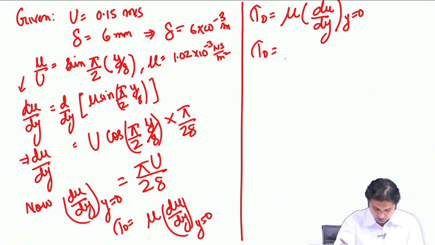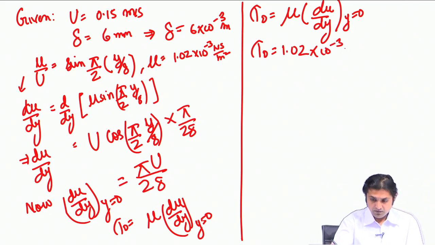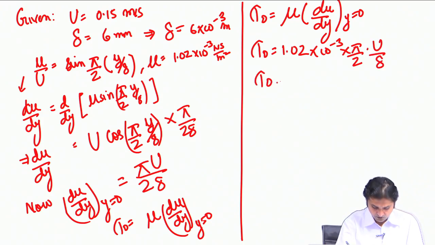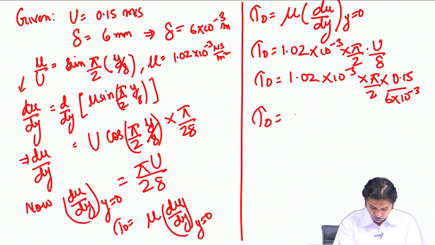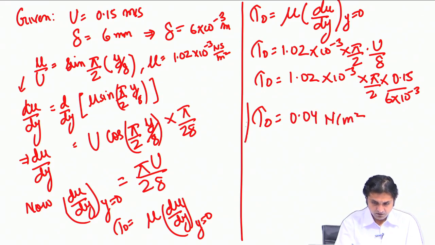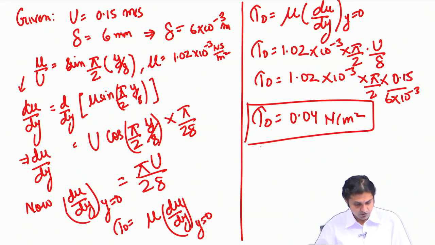So tau naught is going to be 1.02 into 10 to the power minus 3 into pi by 2 into U by delta, and after substituting in the values, 1.02 into 10 to the power minus 3 into pi by 2 into U is 0.15 and delta is 6 into 10 to the power minus 3, tau naught comes to be 0.04 Newton per meter square. Very simple to solve, right?